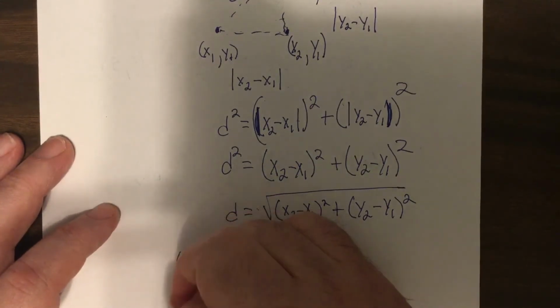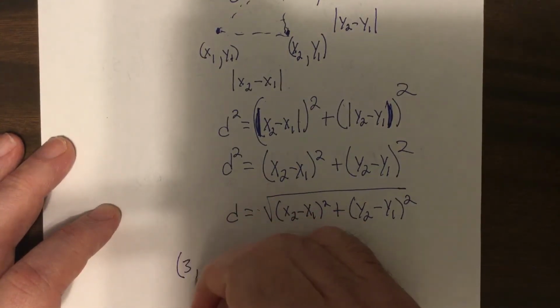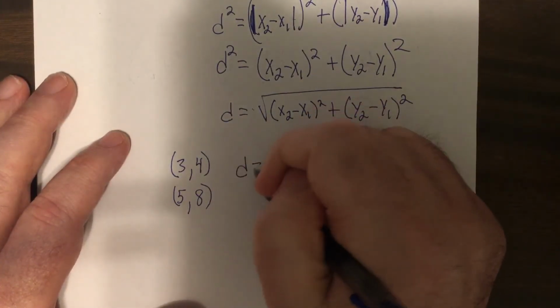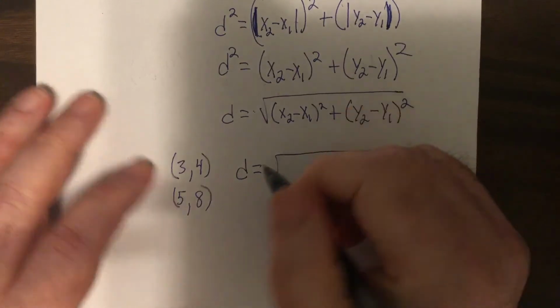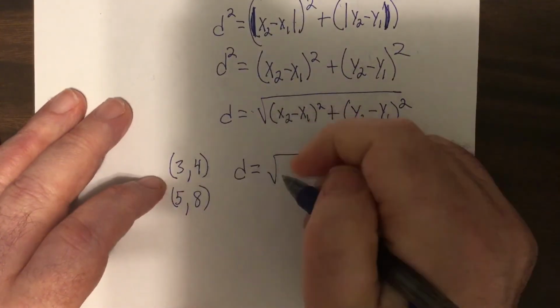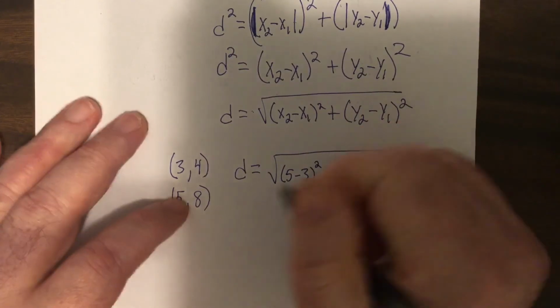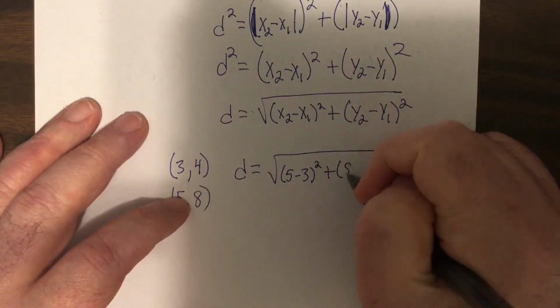So if I say we have two ordered pairs, let's do 3, 4, and let's do 5, 8. And I said find the distance between those 2 points. You would say, okay, distance is the square root of the difference of the x's, so it'd be 5 minus 3, plus the difference of the y's.